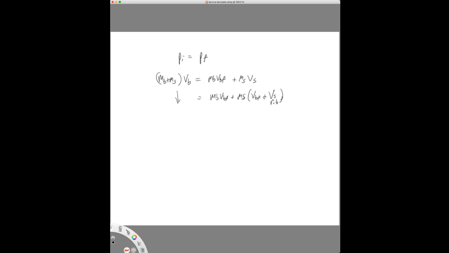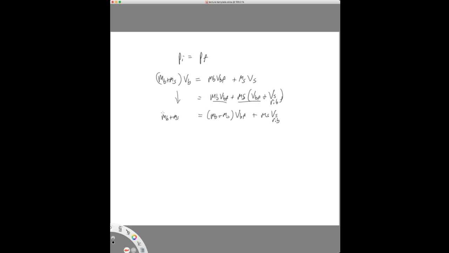Left-hand side just kind of stays the same. And then if we want to combine terms that have the V boat final, putting those two together, we have mass of the boat plus mass of the stone, V boat final, plus mass of the stone, V stone relative to the boat.